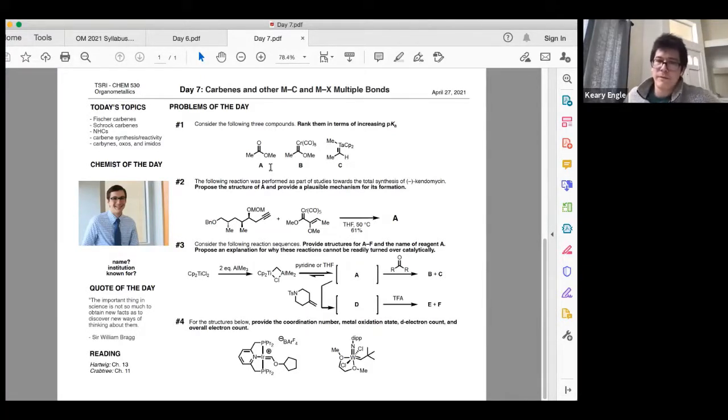We have 3 metal carbenes, and we're asking the pKa of the alpha CH bond and how that compares to a simple ester, in this case just methyl acetate, and to order these in terms of increasing pKa. So which is the most acidic CH bond, which is the least acidic CH bond. Take 30 seconds to make your answer, and then we'll go through.